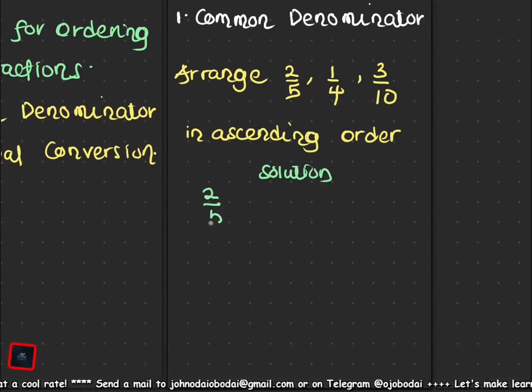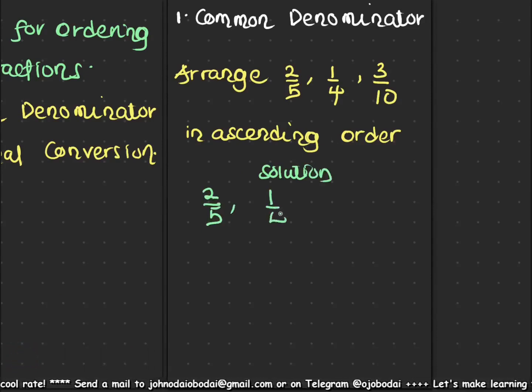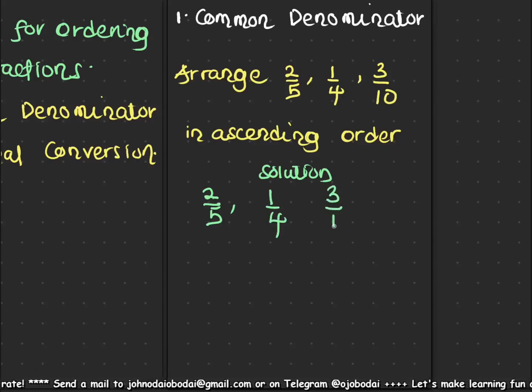So we have 2 over 5, 1 over 4, and 3 over 10. If you want to use the common denominator method, the first thing you need to do is look for the LCM of 5, 4, and 10.